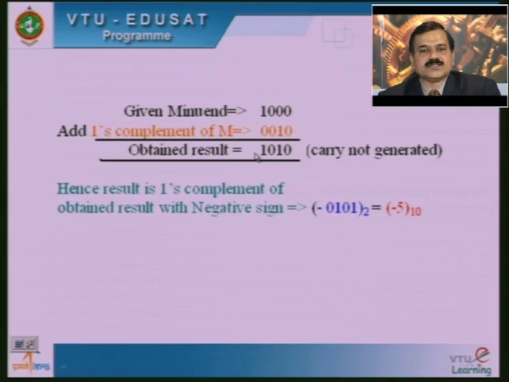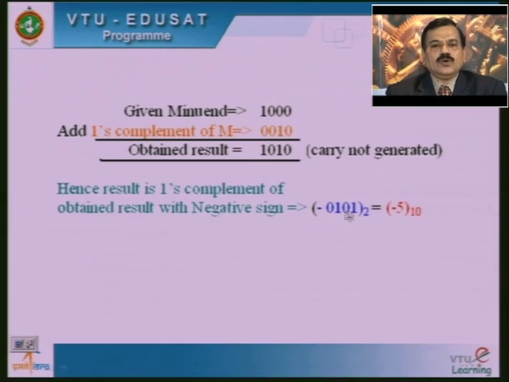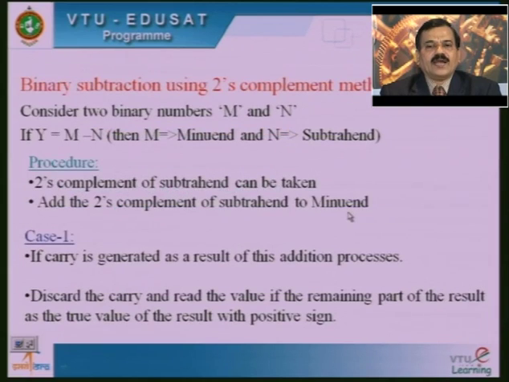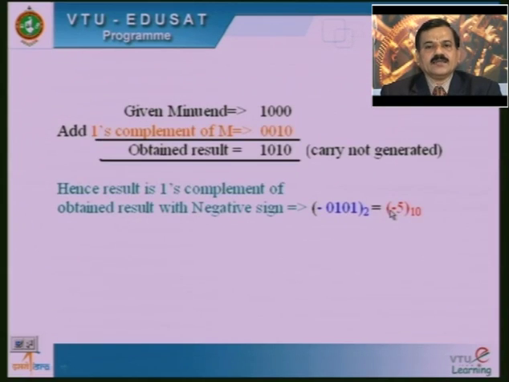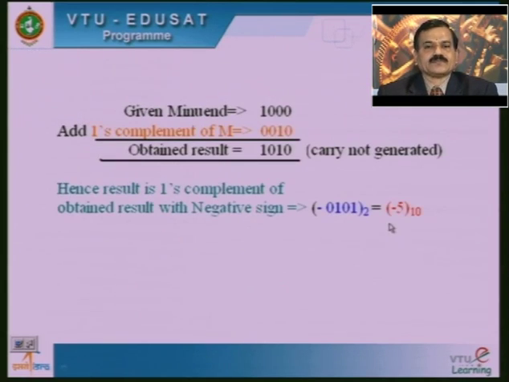And when the carry is not generated, already we have said it should be read as minus, and the remaining part of the result must be taken, this result part is considered with 1's complement. So therefore the result is minus 0, 1, 0, 1 base 2. That value of 0, 1, 0, 1 base 2 is treated as decimal equivalent 5, and the minus sign is taken here. Therefore whatever we have seen here, the value should come as minus 5, that is achieved here.